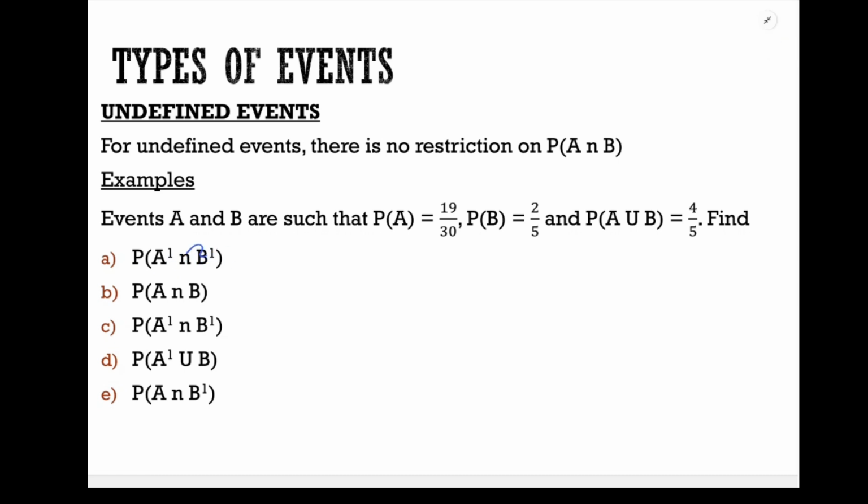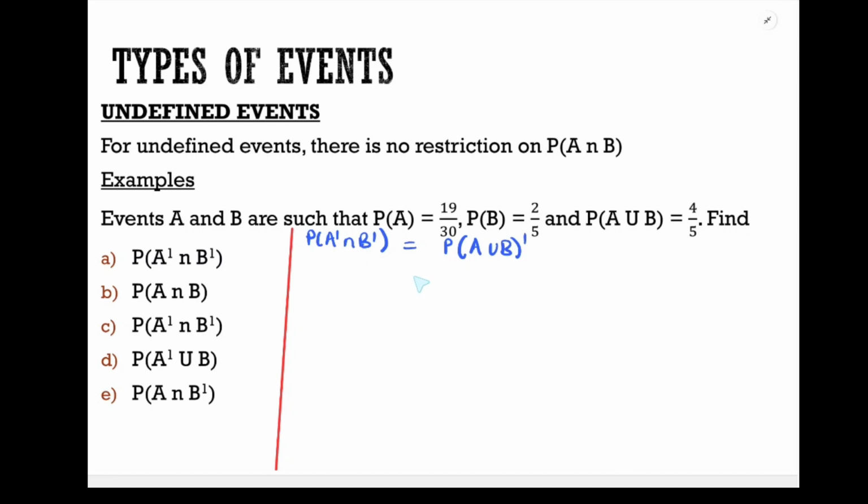Yes, we saw from De Morgan's rule that for probability of A complement intersection B complement, we can have the complement factored out and the intersection changing to union. So that probability is the same as probability of A union B, but complement.